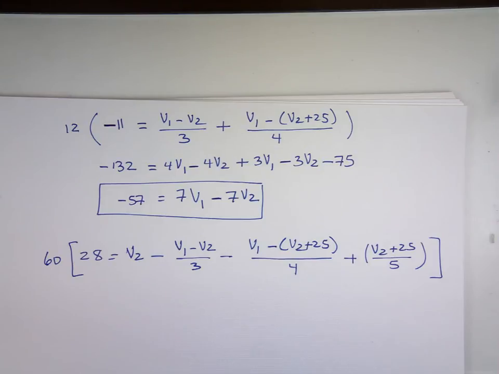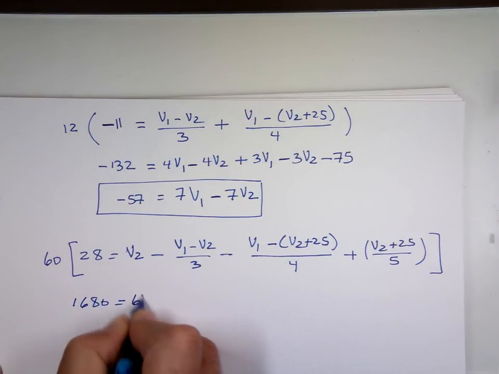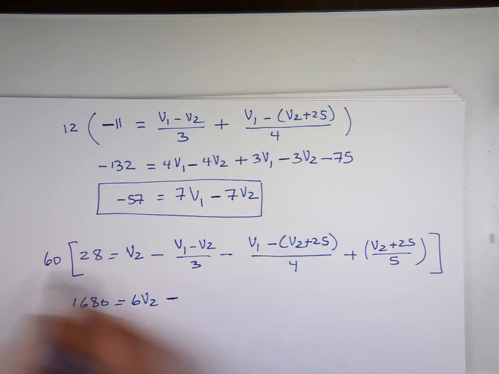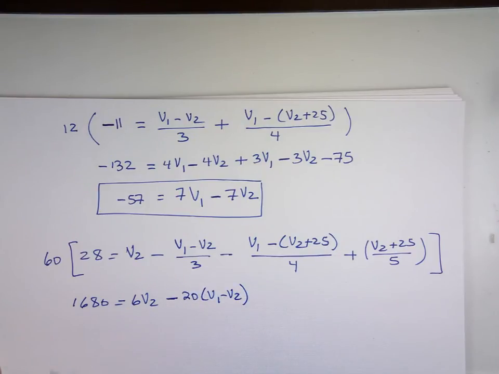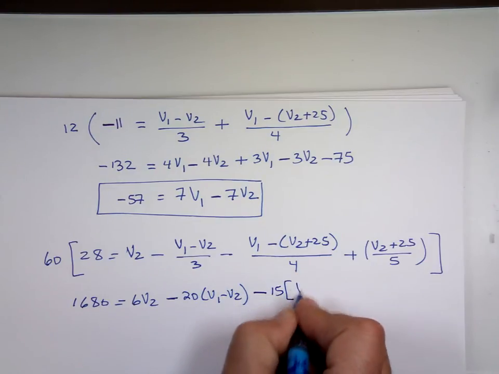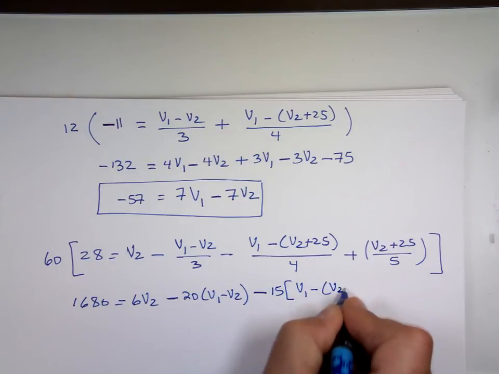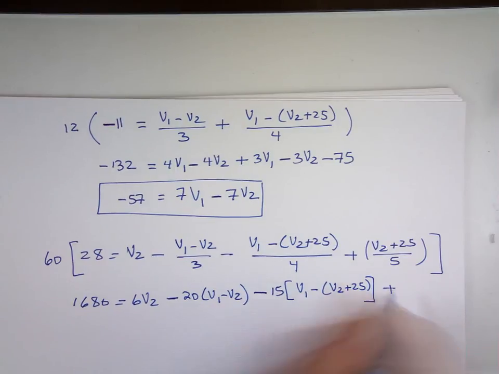60 times 28. 1680 equals 60 V2 minus, this will be what? 20 times V1 minus V2. I'll just go slowly like this. Here's the minus. 60 divided by 4 is what? 15 times V1 minus V2 plus 25. 60 divided by 5, which is what? 12?